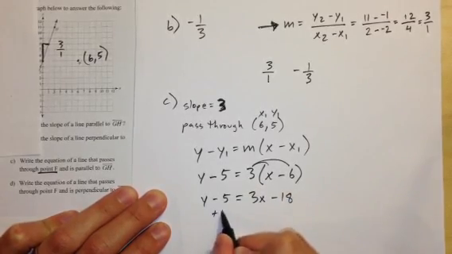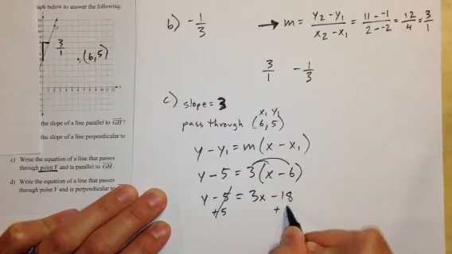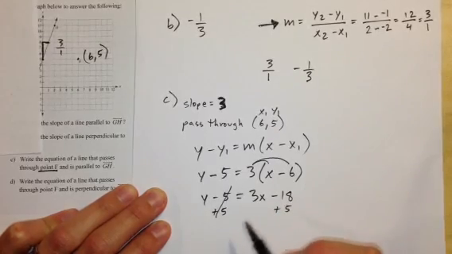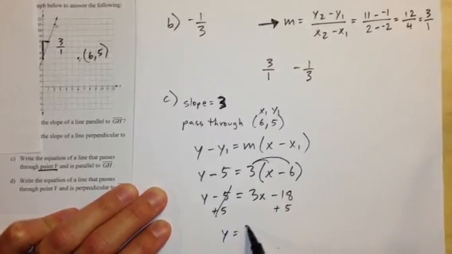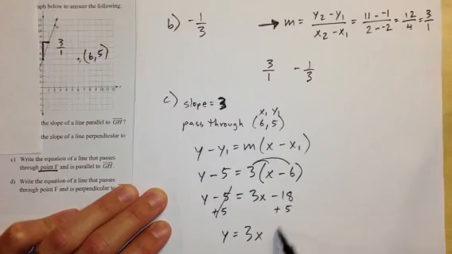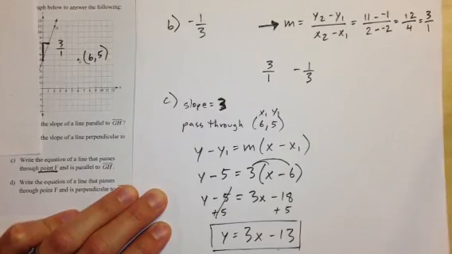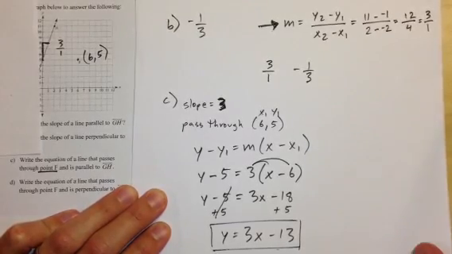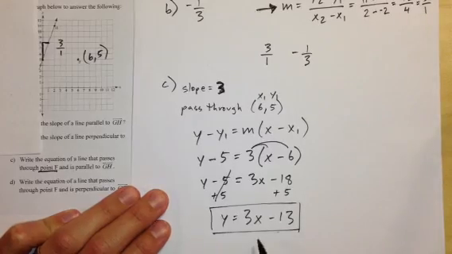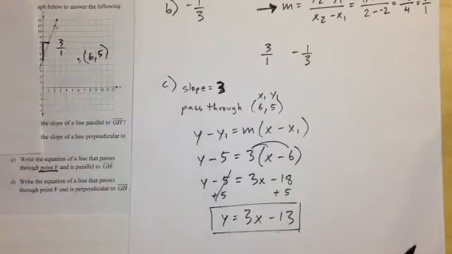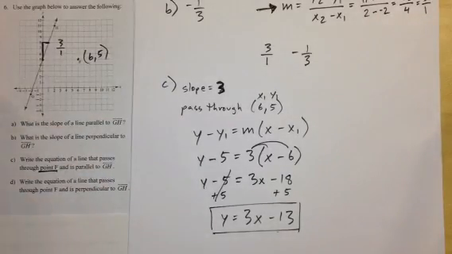One more step, add the 5, because I'm trying to isolate y. Y equals 3x, negative 18, and positive 5 gets you negative 13. So the equation of this line that's parallel to GH and passes through point F is y equals 3x minus 13. Now let's take a look at it on a graph.